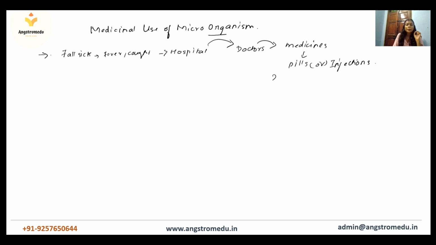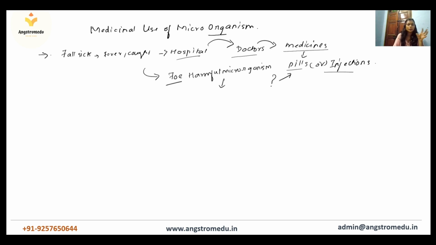So what is the purpose of giving these pills and injections? Why are we going to the hospital? Why are we going to see a doctor? Why do they give medicine in the form of pills and injections? These illnesses are caused by harmful microorganisms, right?